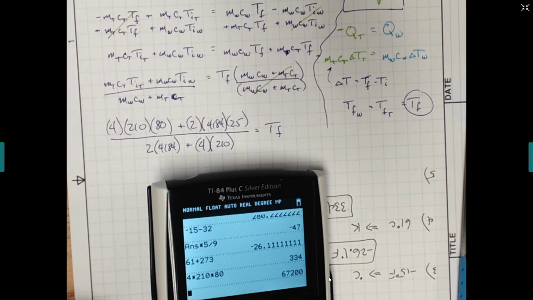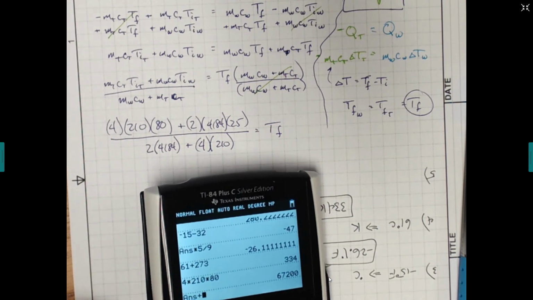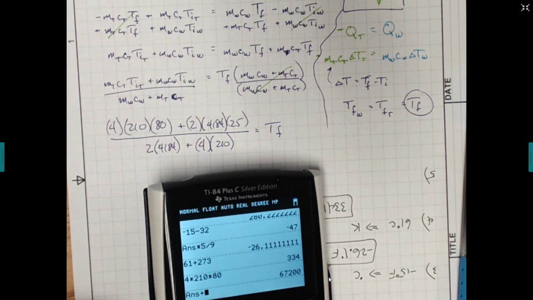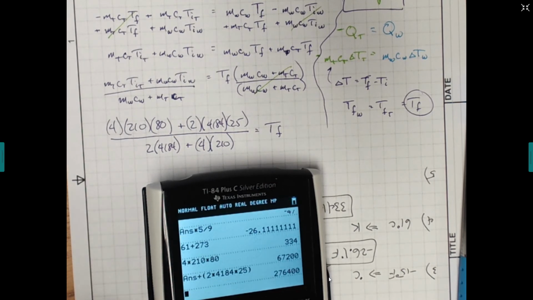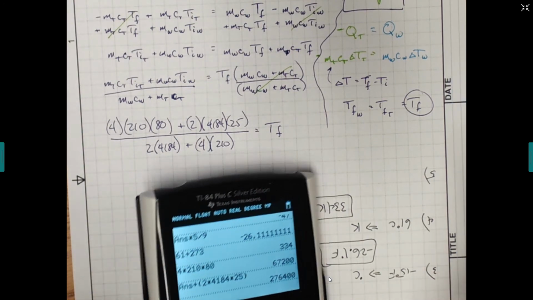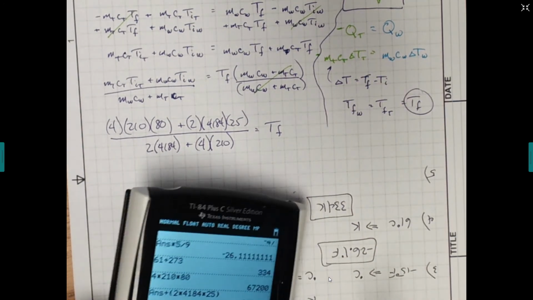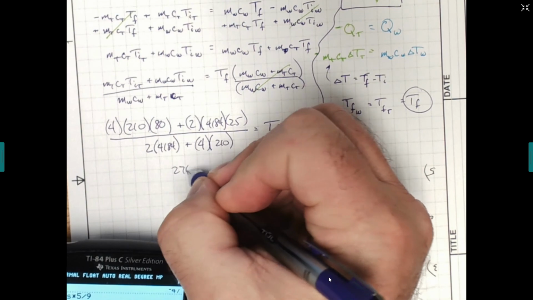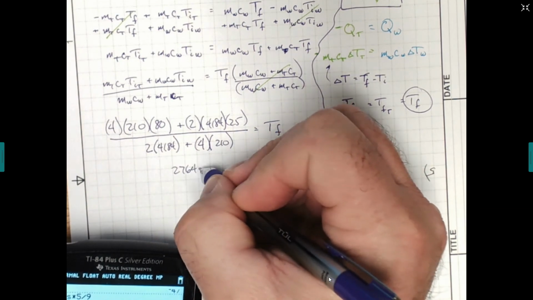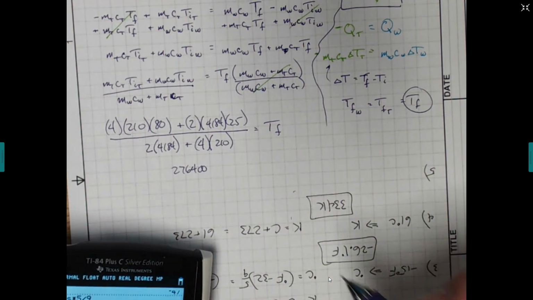And then I'm going to add that to, oops, I'm going to put parentheses around this, 2 times 4184 times 25. And I get this big, huge number, 276,400. I'm going to write that down just in case we lose track in our calculator. We're not worrying about units so much right now.